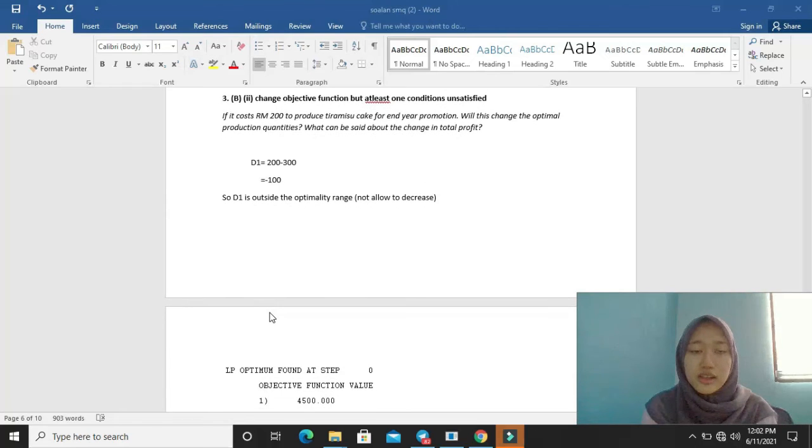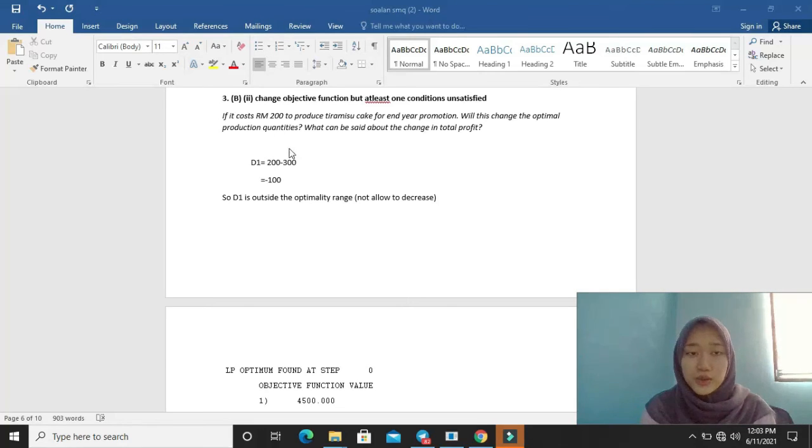Okay. For question 3b2, we need to change the objective function but with at least one condition unsatisfied. The situation is: if it costs 200 ringgit to produce tiramisu cake for New Year promotion, will this change the optimal production quantities? What can be said about the change in the total profit?